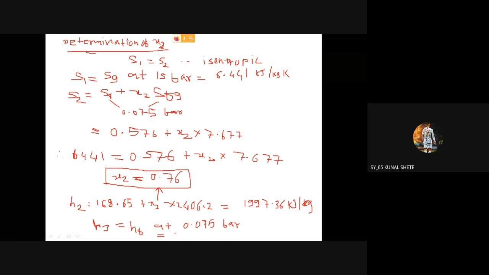For that value, anybody? 168.65 kilojoule per kg.